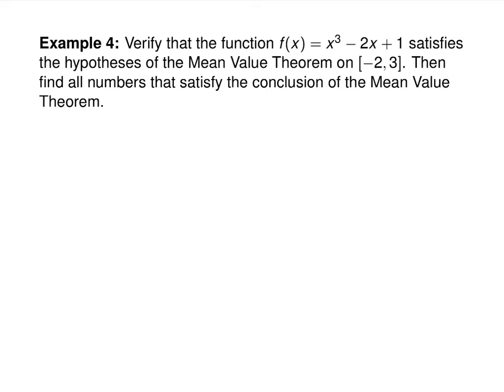So verify that this function satisfies the hypotheses. So what are the hypotheses for this function? It must be just two things. Continuous where? So on -2 to 3, is that what I gave you?